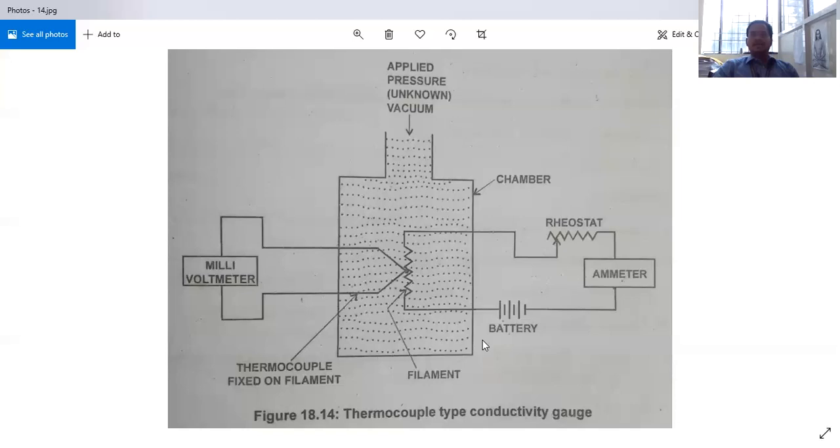Such lower values of vacuum pressure are determined with the help of this thermocouple type conductivity gauge.